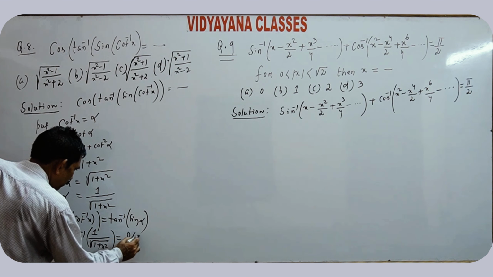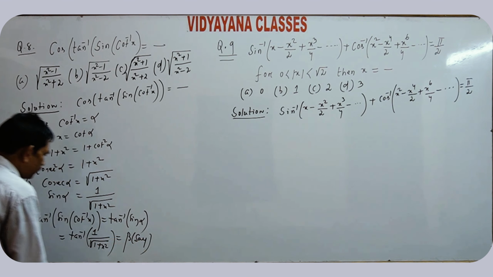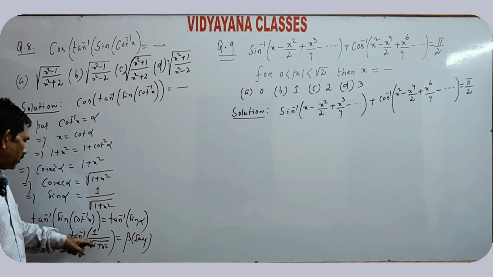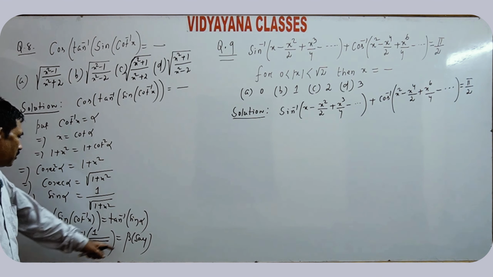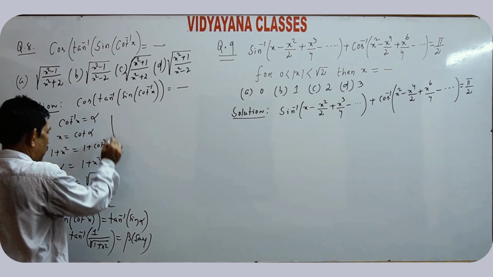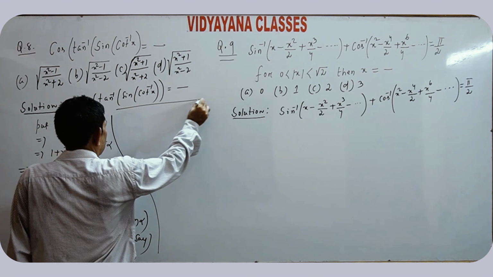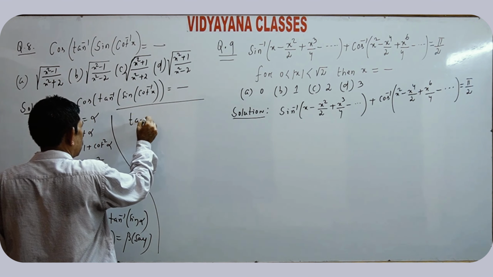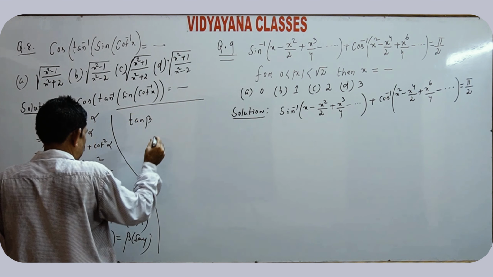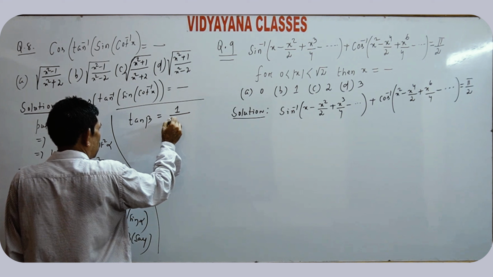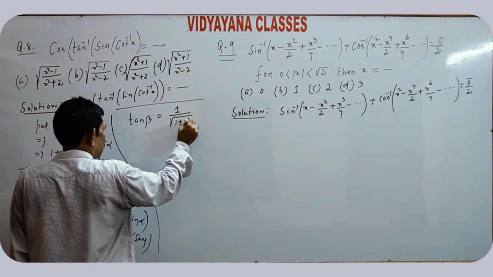So tan beta is equal to 1 divided by square root of 1 plus x square.